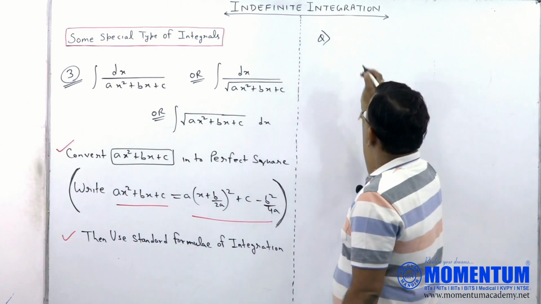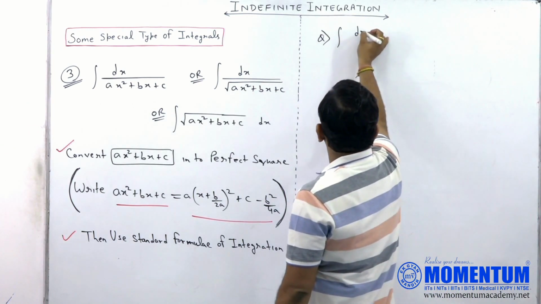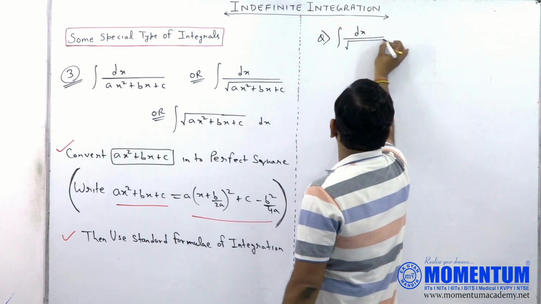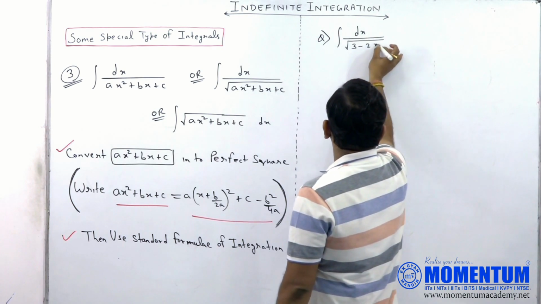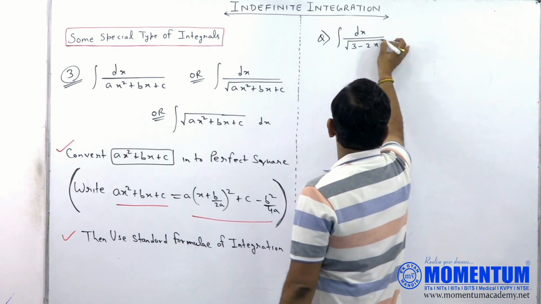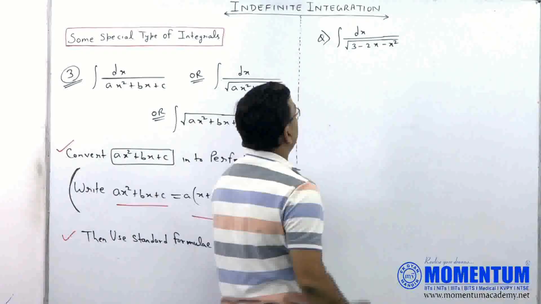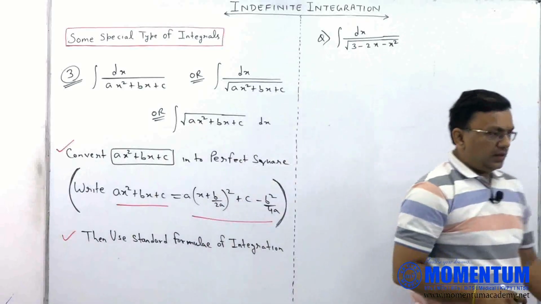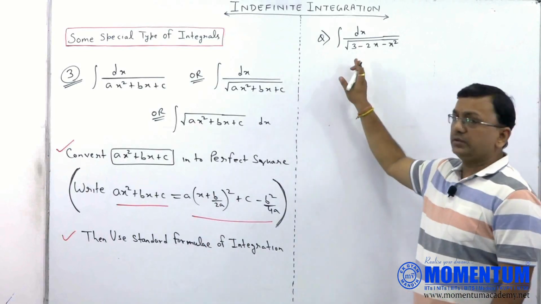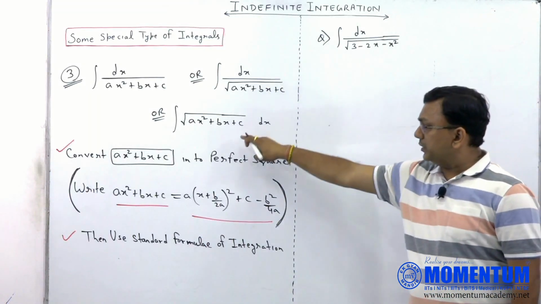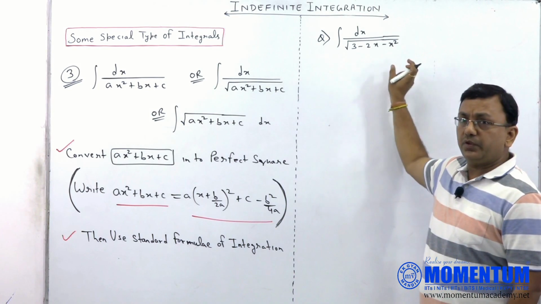I have integration of 1 upon root over 3 minus 2x minus x square. Is it? How to make this problem? Special integral number 3, we will convert quadratic in terms of perfect square.